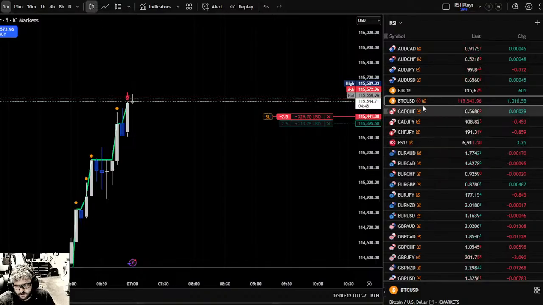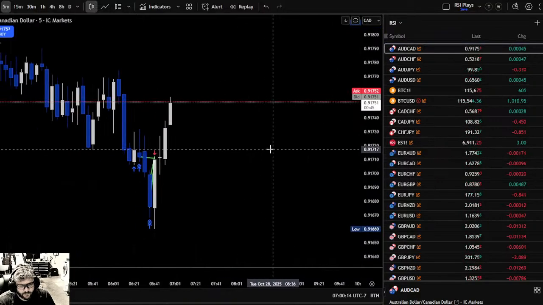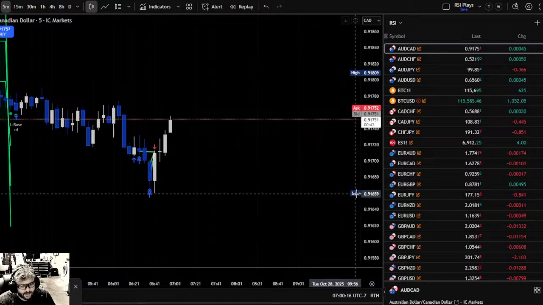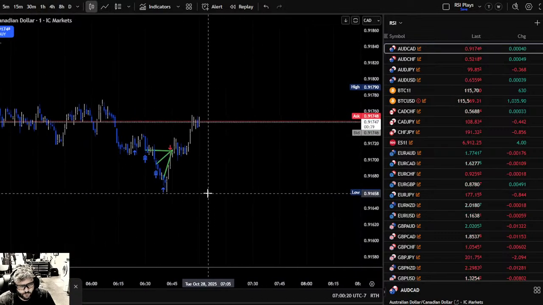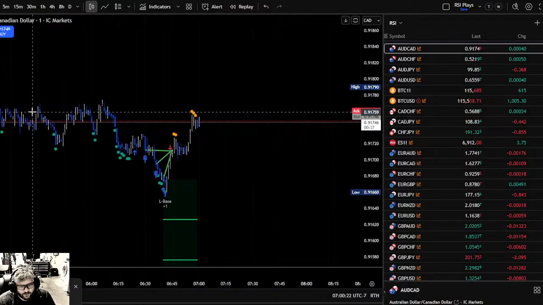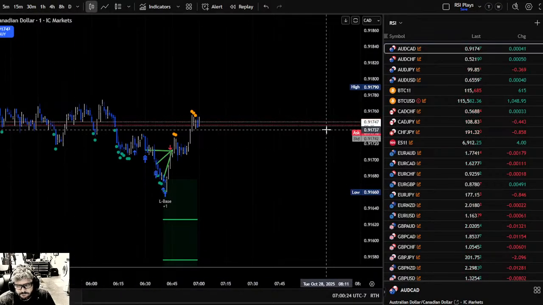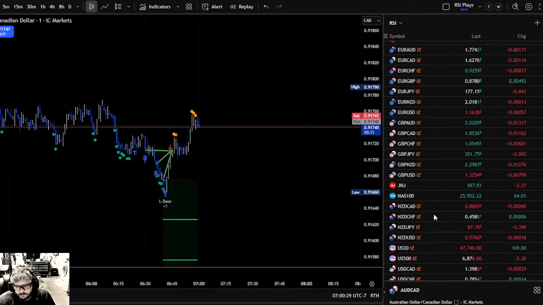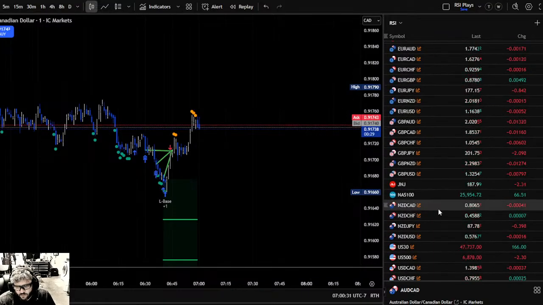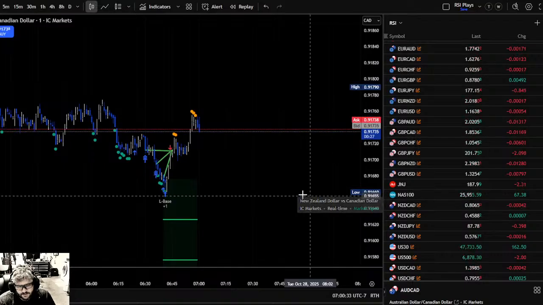Doing its thing. See where other pairs are at. We might be ready for a pullback. If our indicator was low today. We missed it.